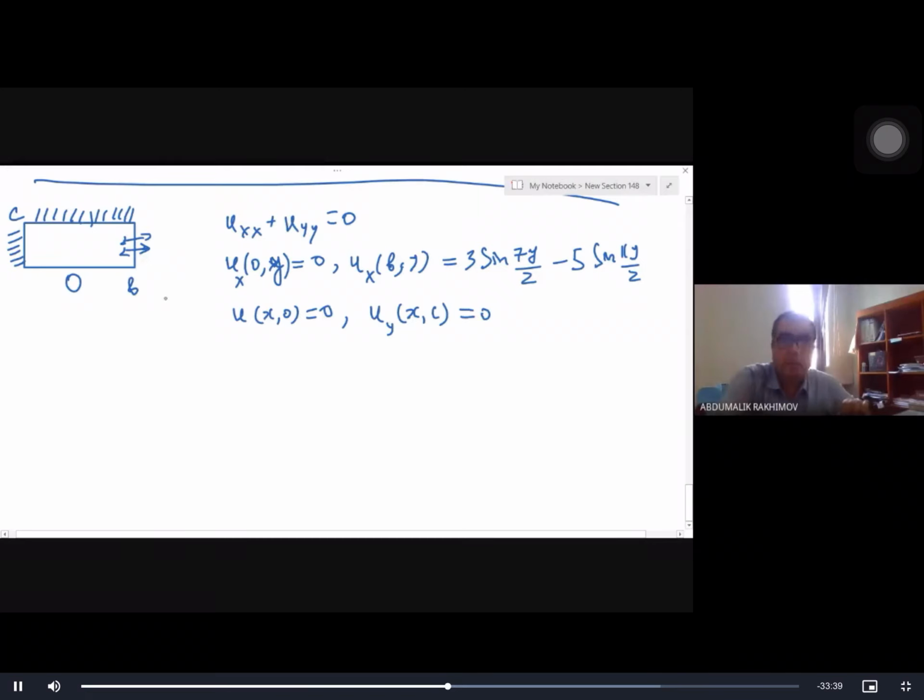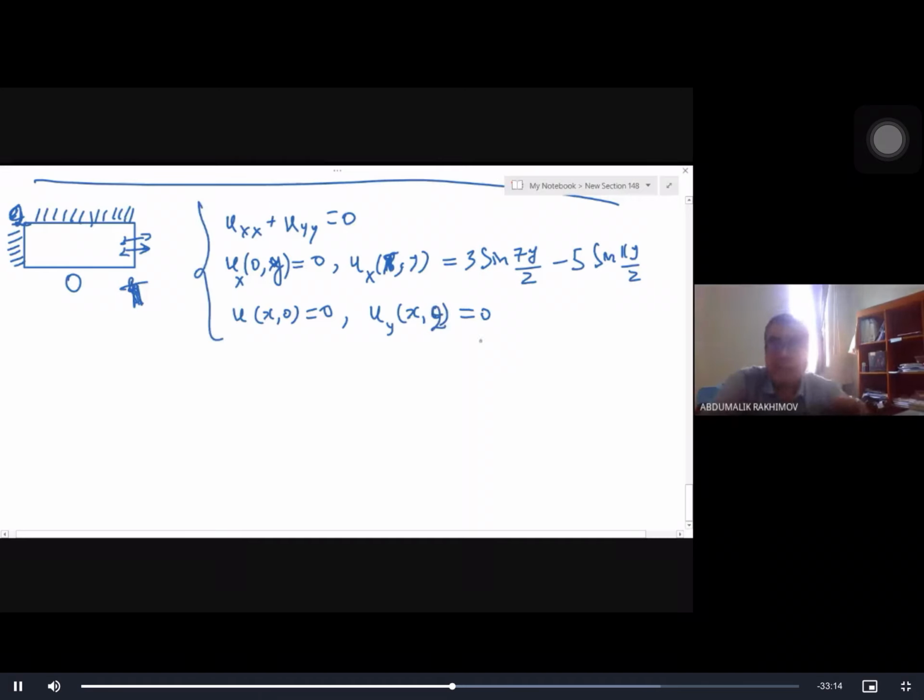Let me just choose B as pi. Let's say C equal 2, for example. This is the problem.